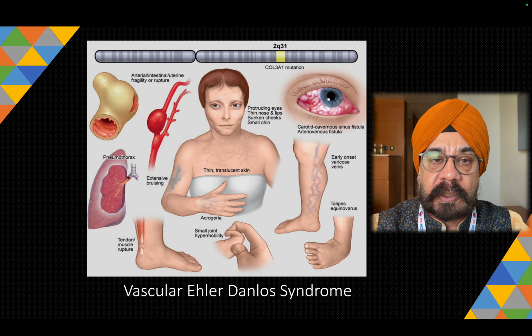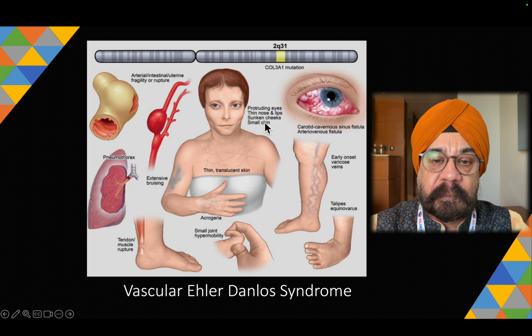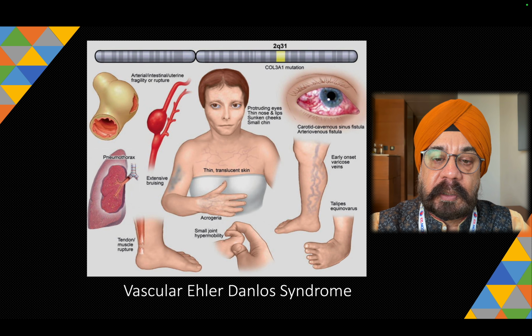Then you have Ehlers-Danlos syndrome, of which there are 5-6 varieties, and the vascular variety is because of a microdeletion and mutation, and the characteristic feature here is thin skin and a lot of vascular issues, which can be seen even in the skin, or in the retina or cornea.